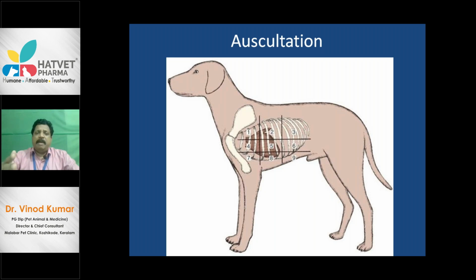The left upper anterior compartment, the left upper middle compartment, the left upper posterior compartment, the left middle anterior compartment, the left middle compartment, the left middle posterior compartment, the left lower anterior compartment, the left lower middle compartment, the left lower posterior compartment. So 9 compartments. Likewise on the right side, 9 compartments. So there are 18 compartments for auscultation on both the sides. See how interesting it is.